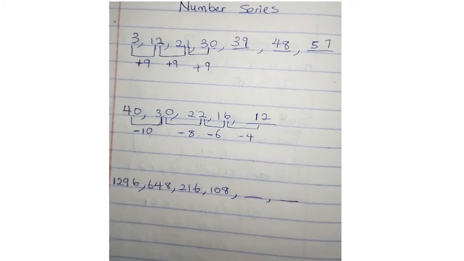It requires how fast you are to be able to understand how it works. Now we're having 1296, 648, 216, and 108, and we are being asked to look for the next two numbers.